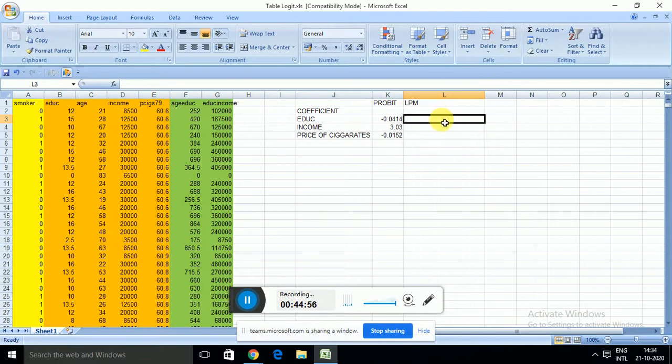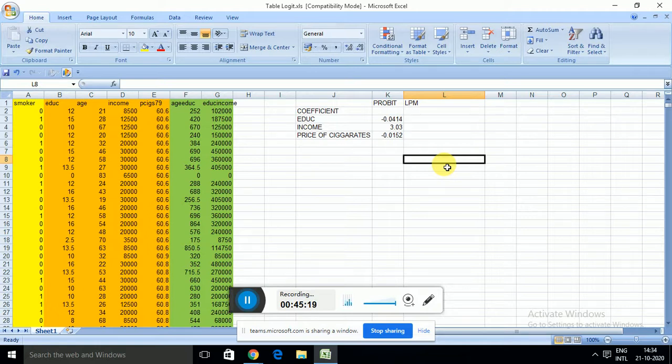Now you will notice, and as I said, let me clear the intuition. In the way the Logit model is written, in any standard econometrics book, it is written in terms of the probability.